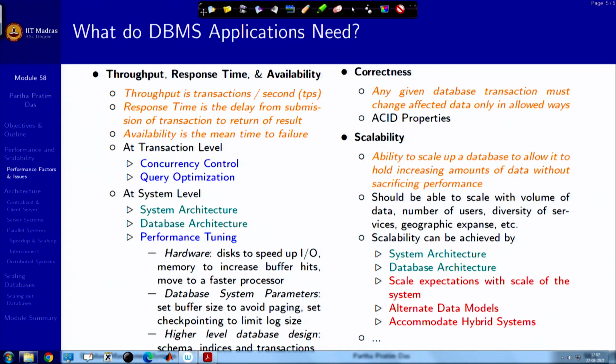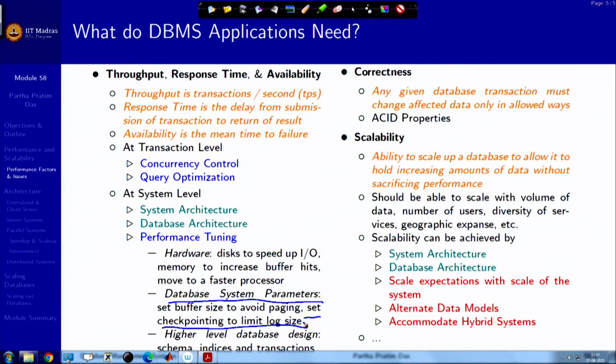In terms of the database system parameters, you can tune a number of parameters like the size of the buffer, so that you can avoid frequent paging. Paging naturally means that a lot of times you are writing back and accessing the same page. You can set proper checkpointing to limit the log size.